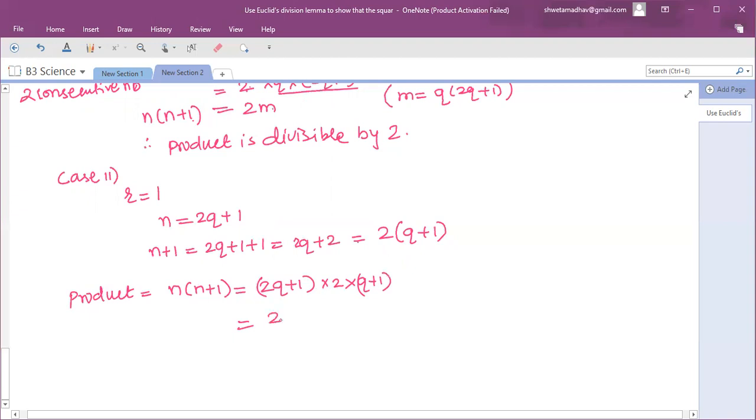So 2 into q plus 1 into 2q plus 1. So therefore, can we write 2 into quotient as m? Can we write this way? Yes. So therefore, the product is divisible by 2.